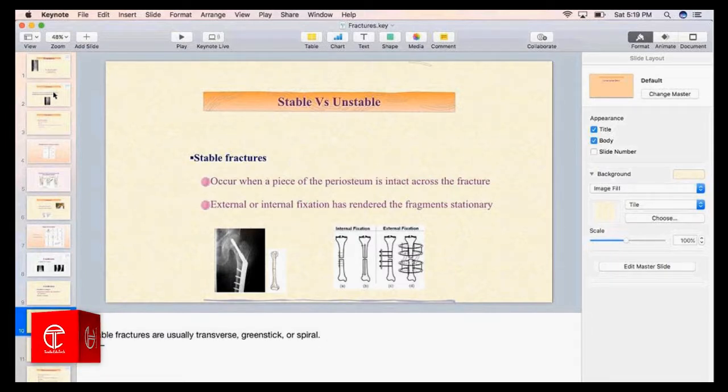That is a stable fracture, and you can stabilize an unstable fracture by either an external or internal fixation modality. So after your surgery, your unstable fracture can be converted to a stable fracture. If the physiological movement cannot displace a fragment, it is said to be a stable fracture.